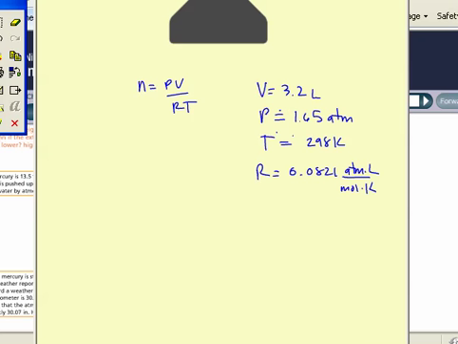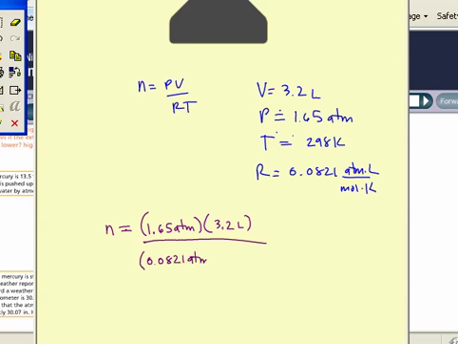So now I'm just going to plug in n is going to be equal to my pressure, 1.65 atmospheres, times my volume, 3.2 liters. And I'm going to divide that by R, 0.0821 atmosphere times liter divided by mole times K, and then multiplied by my temperature, which is 298 Kelvin.